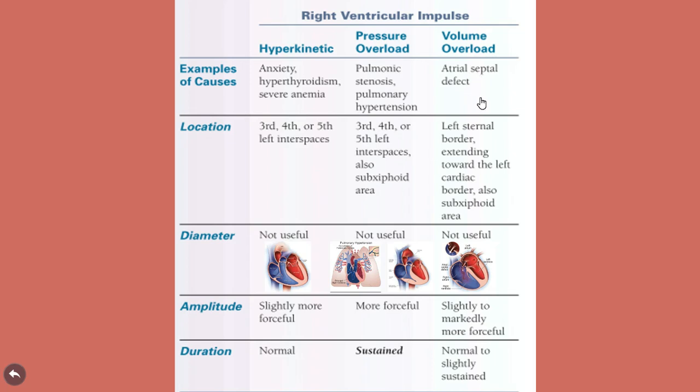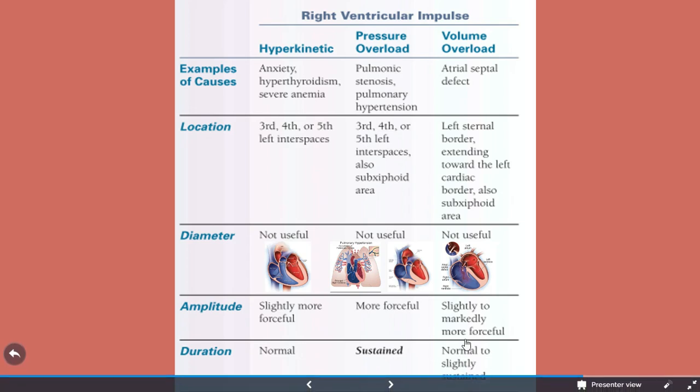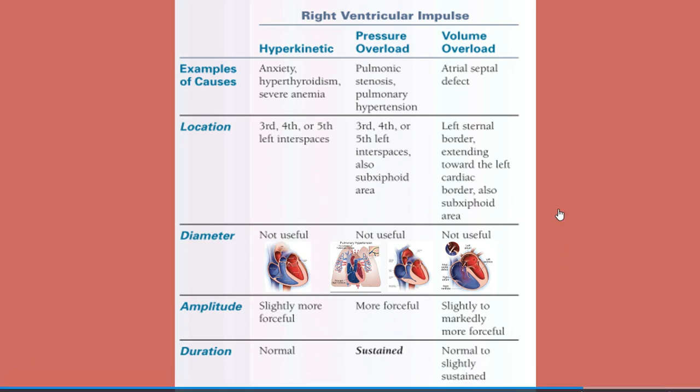You can see there the duration is sustained in pressure overload, and for volume overload it is usually normal to slightly sustained. But you can see it is markedly more forceful in a patient with volume overload.